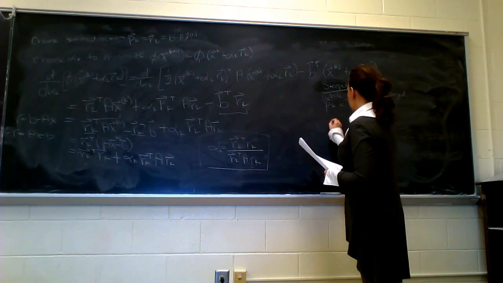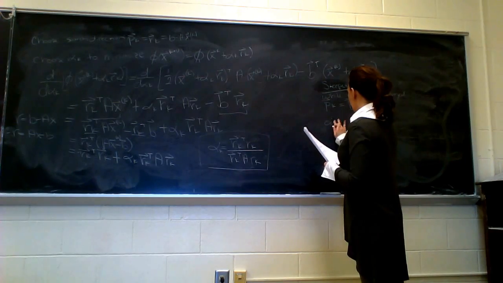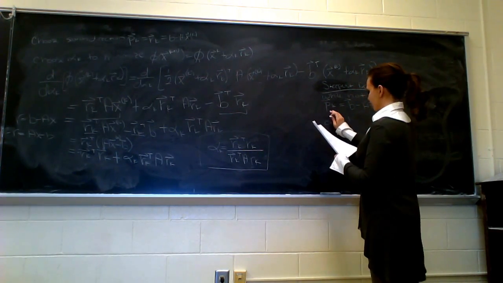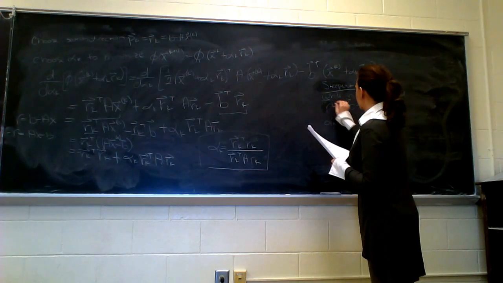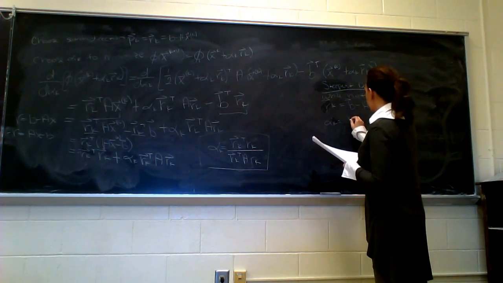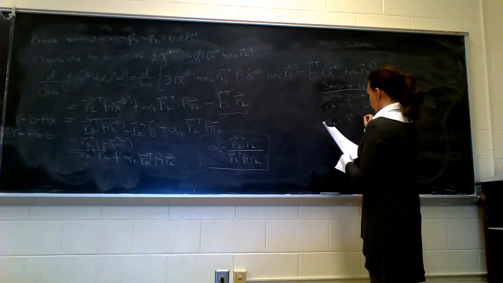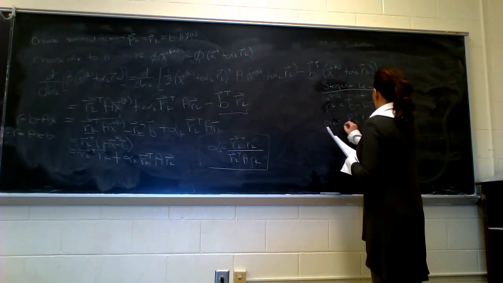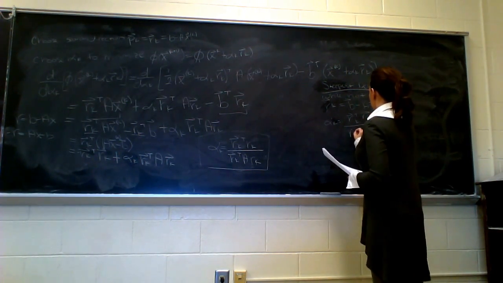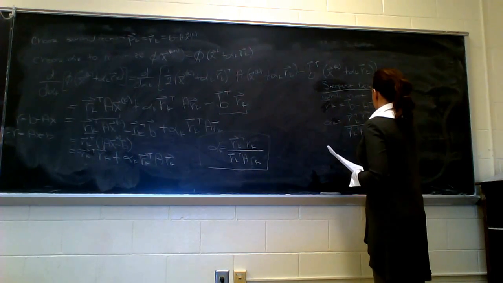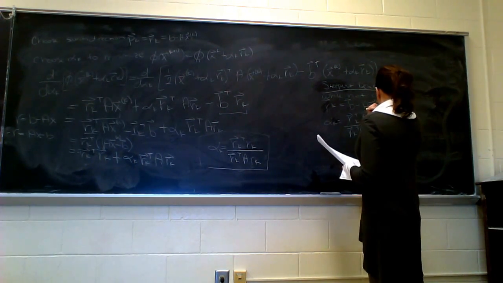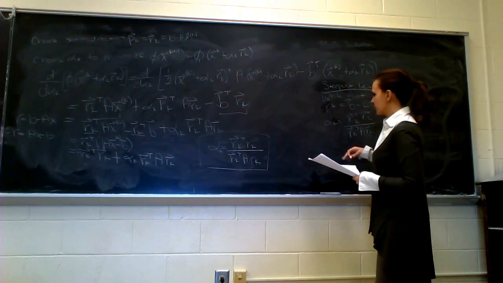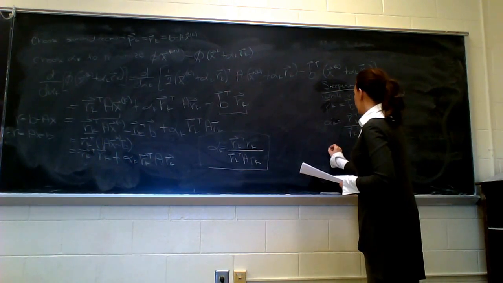Next we define our alpha as we just found it. Let's call this R: alpha is R transpose R over R transpose A R.